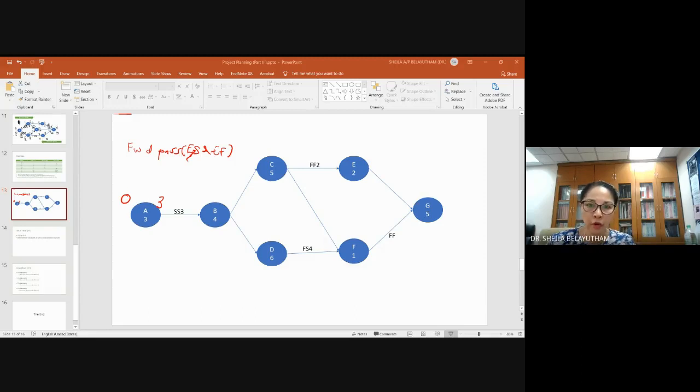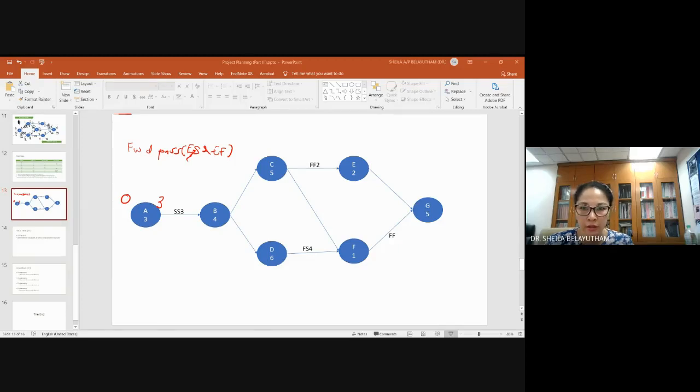Moving forward, usually we will compare the same annotation. If you are finding the early start for F, comparing both early starts for F, we will pick the bigger one so that we do not overlap with the activity which has not completed. So C finishes 12, F will start 12. Just place it in a small manner here.